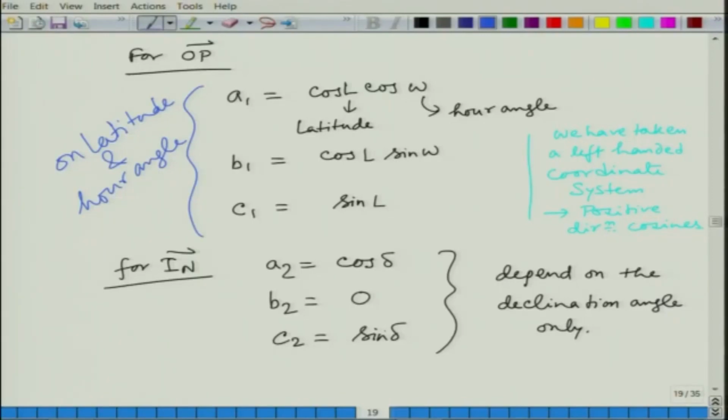Okay. Now, once we have these two direction cosine sets for these two vectors, now we are in a position to find the angle between these two vectors.